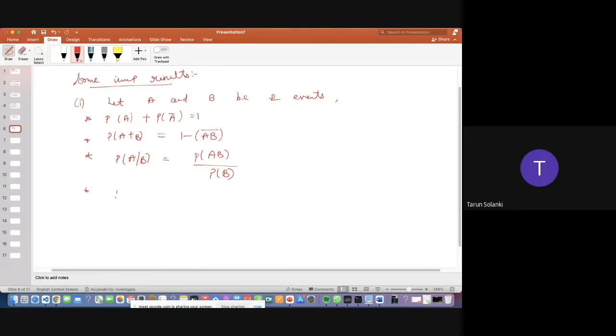Next, P of A plus B, that is P of AB plus P of A bar B plus P of AB bar. Correct. Next, if A is a subset of B, then P of A is less than or equal to P of B. Next is P of A bar B is P of B minus P of AB.